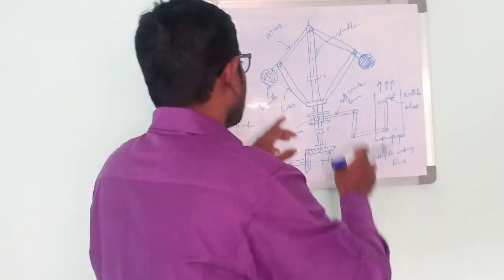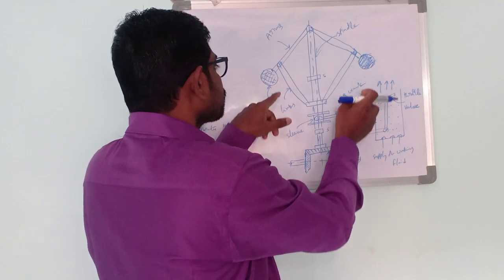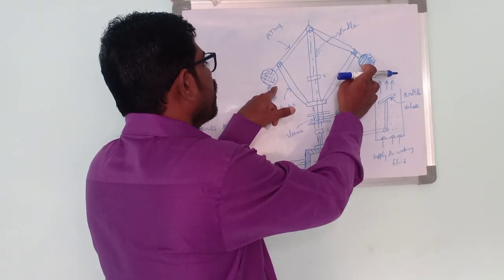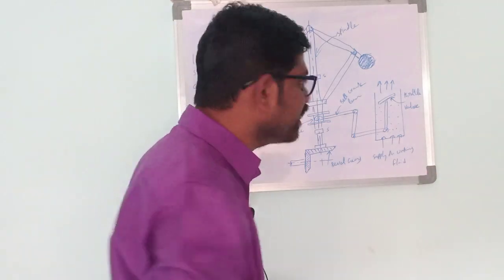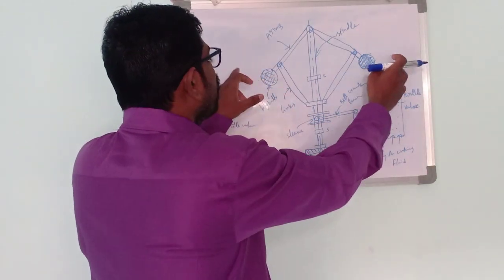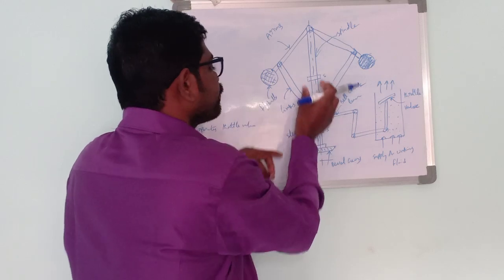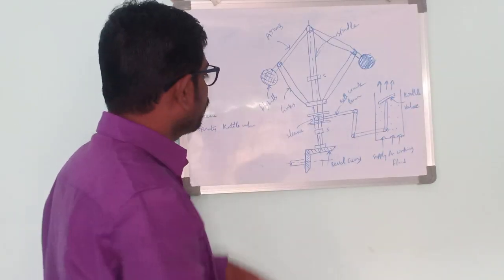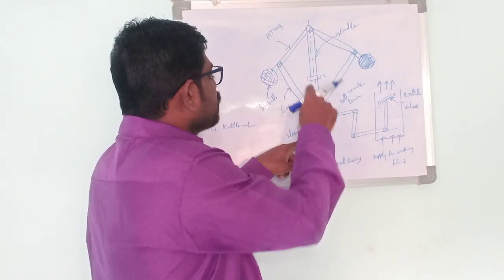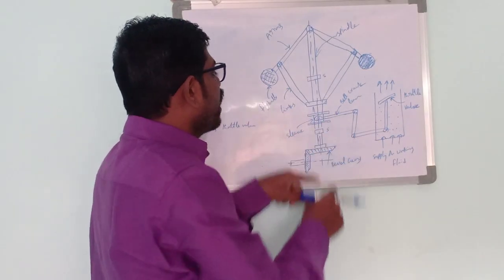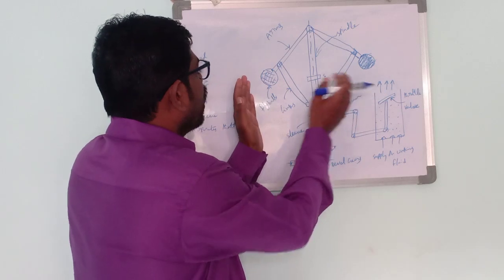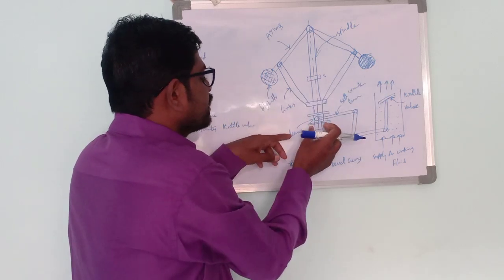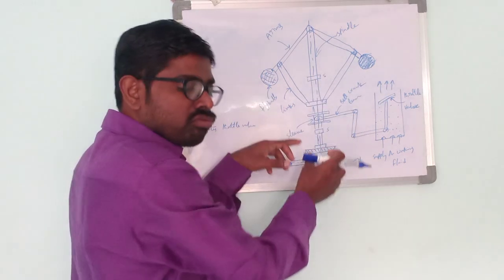Because of the rotation of the governor balls, there is centrifugal force. If the centrifugal force is increased, the balls will move outward and the sleeve moves upward. In the diagram, you can observe two stops here, S and S, provided to limit the travel of the sleeve. Based on the movement of the balls, the sleeve can move upward and downward.